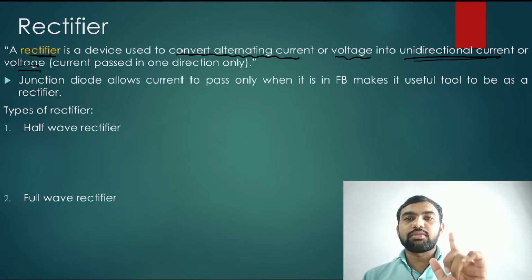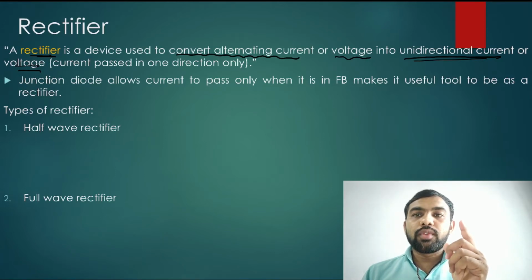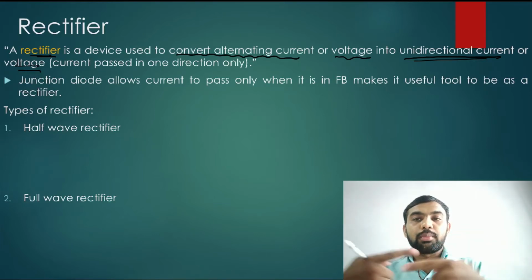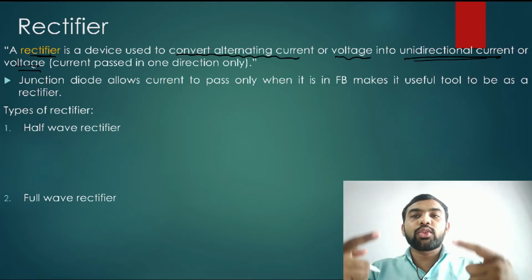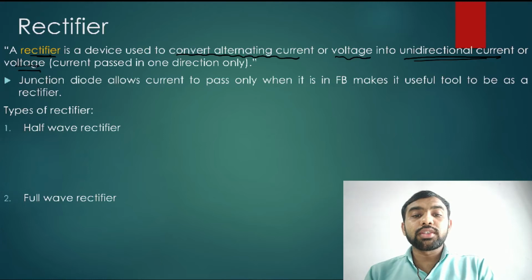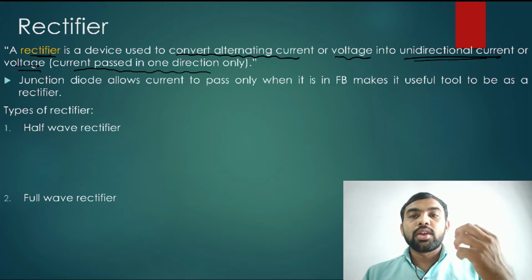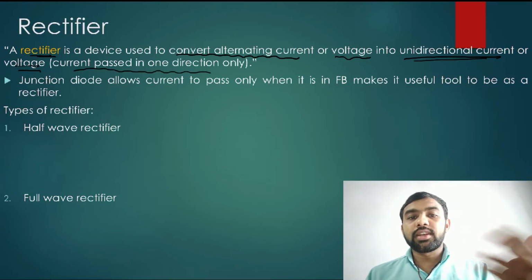As we discussed in our theory session, this is why the PN junction diode was developed and why forward and reverse biasing are considered: we require current that passes in only one direction. If current flowed in both directions, forward and backward, there would be no meaning to it. In any electronic device the current must flow in one direction. This rectifier is constructed using a PN junction diode.